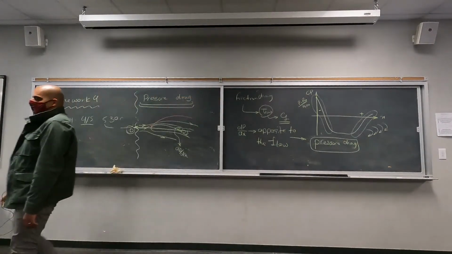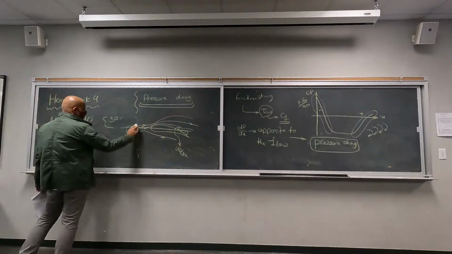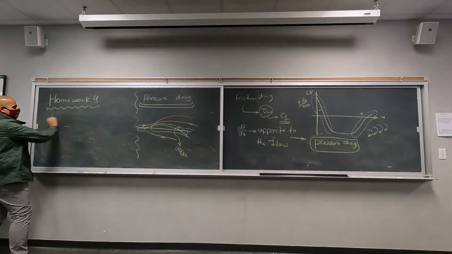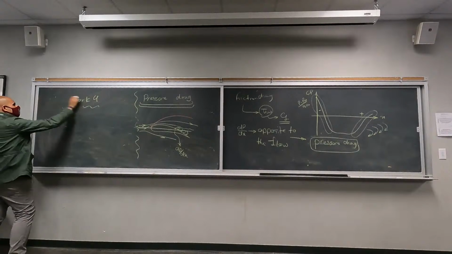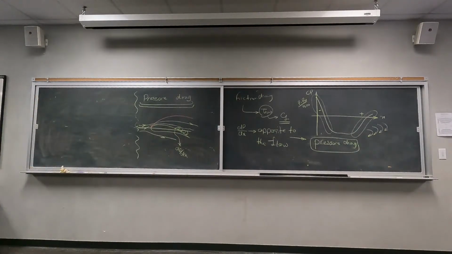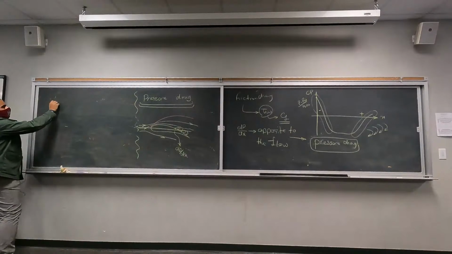Okay. So where were we? Josh brought up a good question, a good point, and this is something we need to talk about a little. The idea is we have two main parts of drag: friction drag and pressure drag. Friction drag is there because of the presence of the boundary layer.